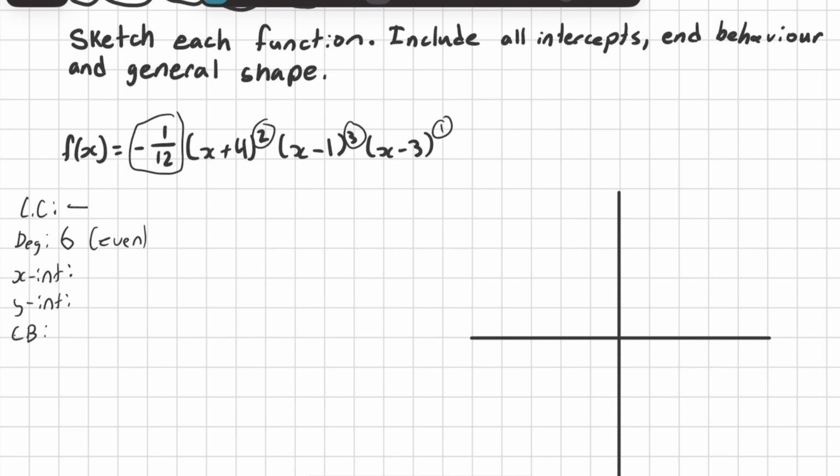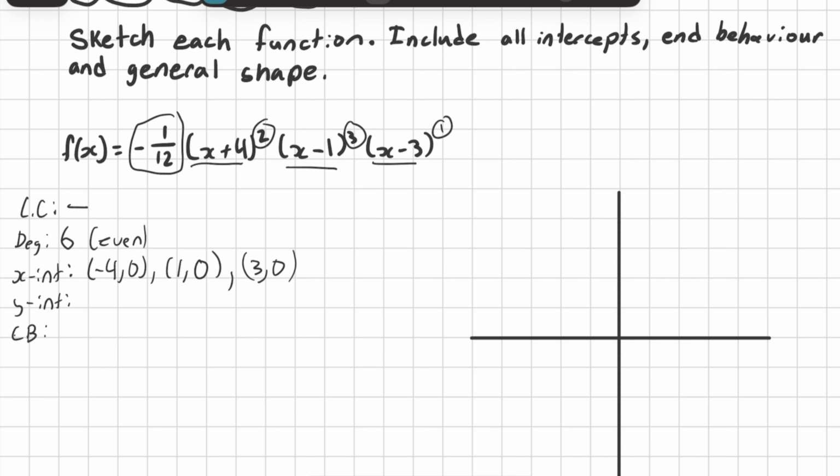And then x-intercepts, we know that we get those from here because basically it's when y is 0, what is x? And we know that if any of these inside the bracket is equal to 0, then the whole thing's going to be equal to 0. So we know that our first one is going to be negative 4 comma 0. Our second one is going to be 1 comma 0. We know that our third one is going to be 3 comma 0.